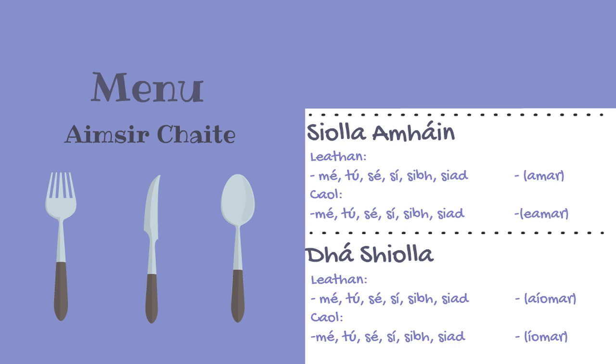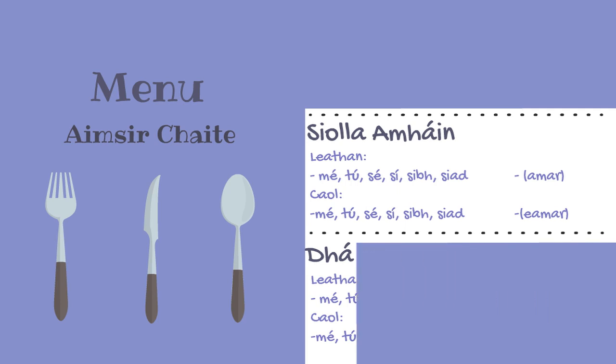For one-syllable Leathan verbs, the ending is -amar. For example, glanamar, we clean. For one-syllable Caol verbs, the ending is -eamar. For example, bhrisamar, we break.